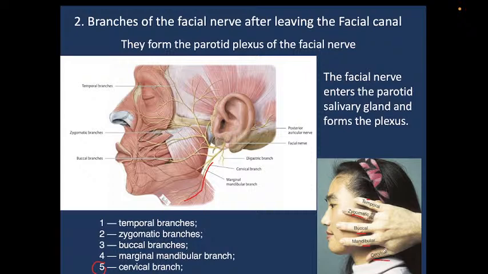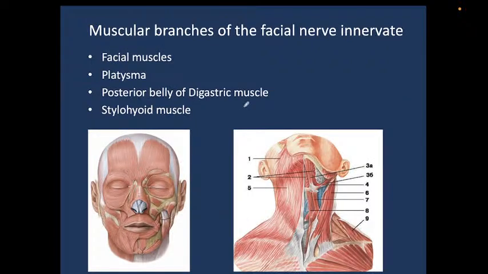It is the template for better memory of how facial nerve branches are named. All of the external branches are responsible for innervation of muscles: facial muscles, platysma, that is a superficial muscle in the neck region, the posterior belly of the digastric muscle, and stylohyoid muscles.